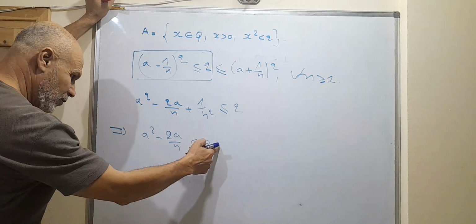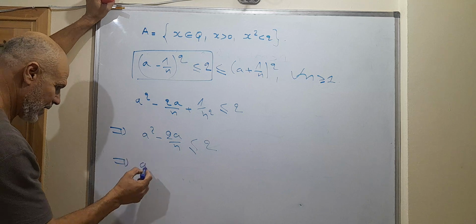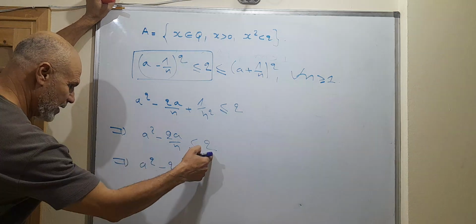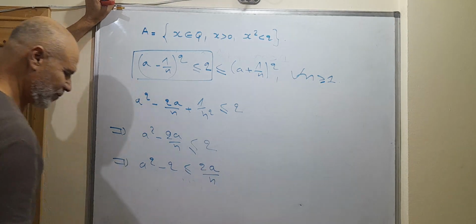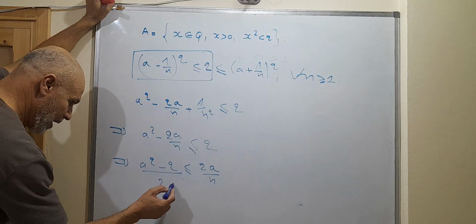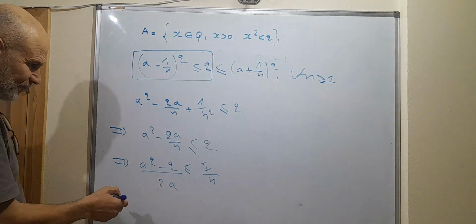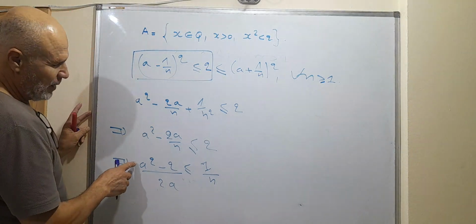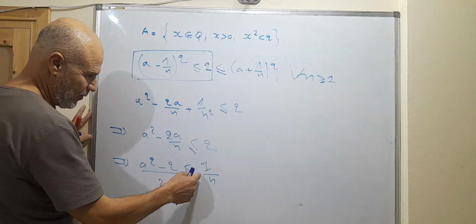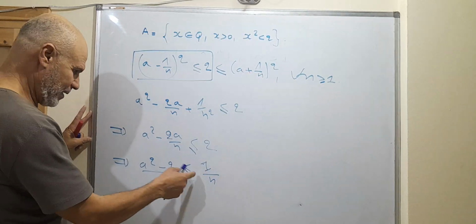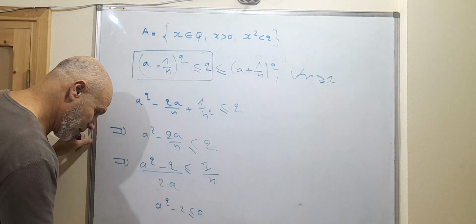Here we have a square minus 2 less than 2a over n. We divide by 2a, we let here 1. A square minus 2 is positive, and n goes to plus infinity. This will be a square minus 2 less than or equal to 0.